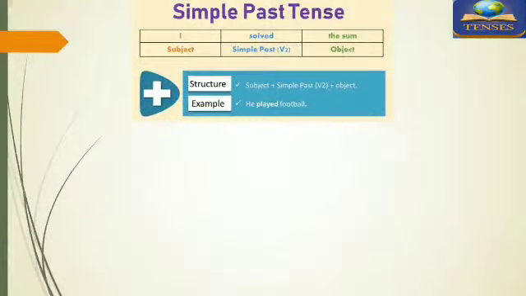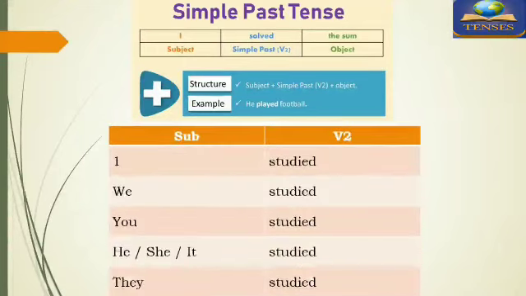The structure of simple past tense: subject plus simple past V2 plus object. Here we see subject and V2 form in the table.